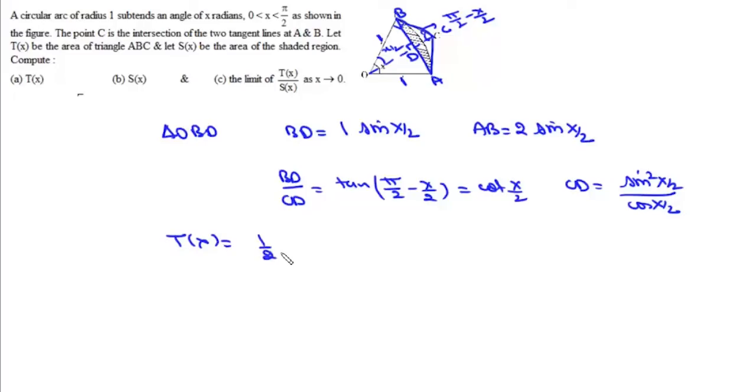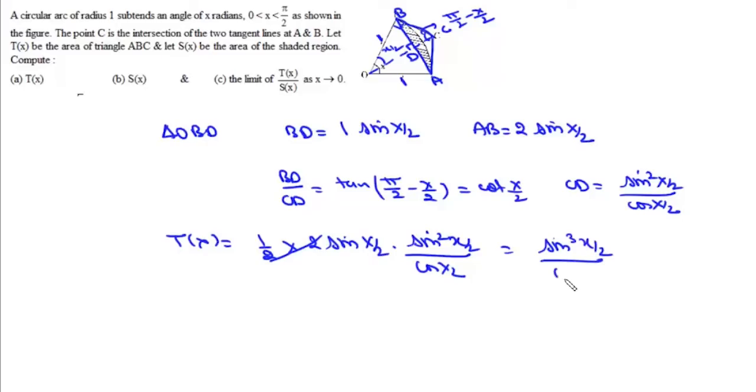So this Tx will be 1 by 2 into 2 sine x by 2 into sine square x by 2 upon cos x by 2. I'll cancel, so we'll get this as sine cube x by 2 upon cos x by 2.